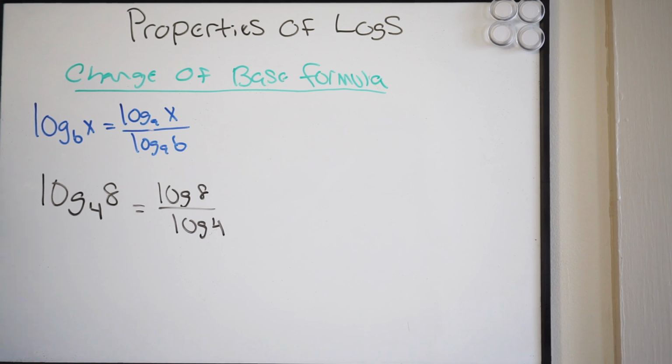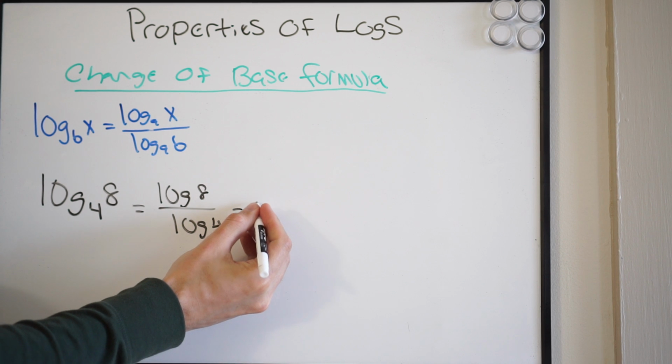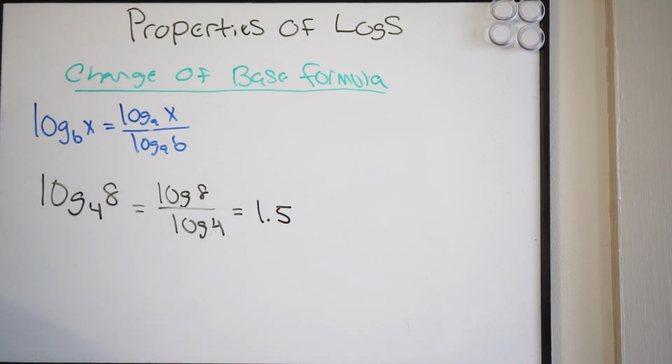Again, when you put in log in your calculator, it's already going to have that base of 10, so just be aware of that. So we're going to do log of 8 divided by log of 4, and we get 1.5. All right, so our answer here is 1.5.